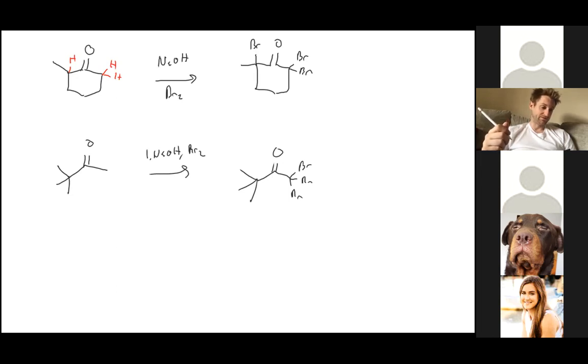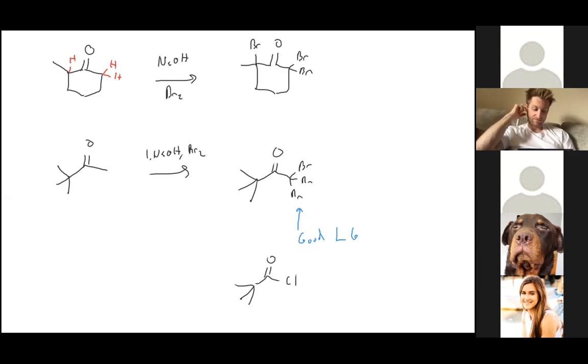And at this point, this is actually a very good leaving group. It's pretty equivalent to an acid chloride. So if you throw in H3O plus, you can do what you would do with an acid chloride here. We're going to end up kicking out.